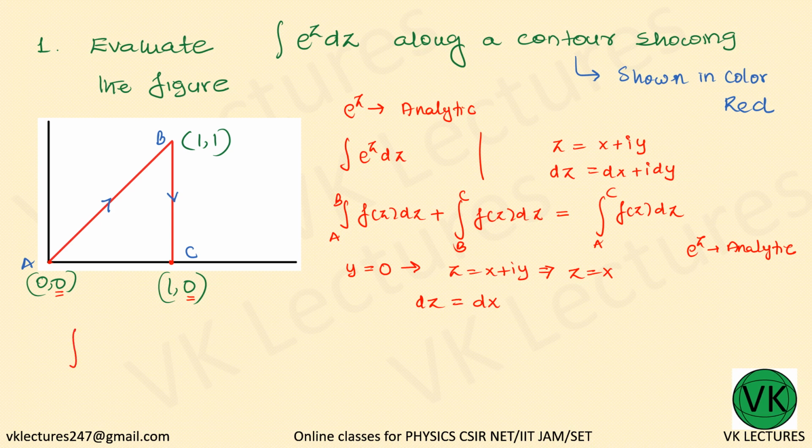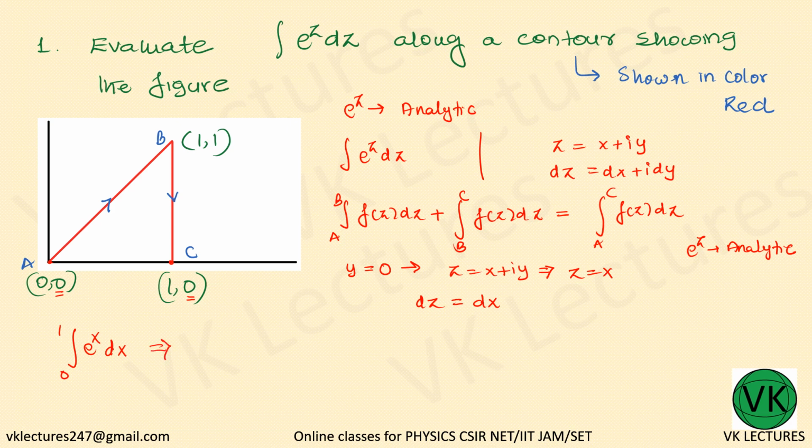Now the integral from a to c, so which value do we have? Only x value. x is moving from 0 to 1. Instead of z we have x, so e to the power x dx from 0 to 1.